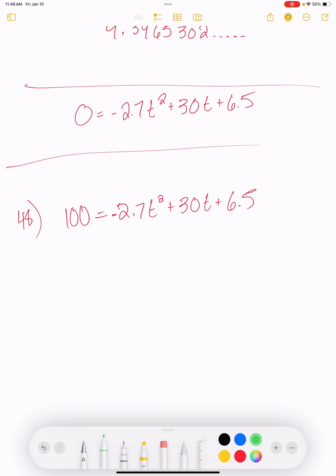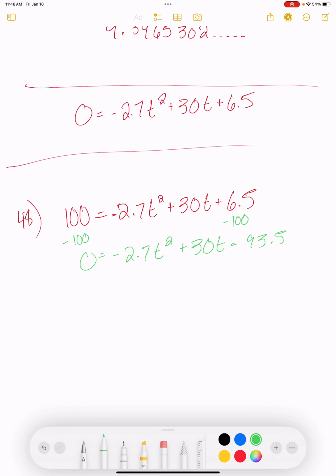So first, subtract 100 on both sides. We get 0 is equal to negative 2.7 t squared plus 30t minus 93.5, right? And then we can use the quadratic formula once again.